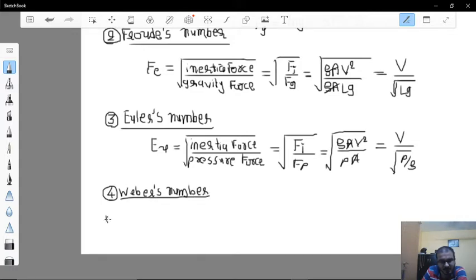That is We, square root of inertia force to surface tension force.